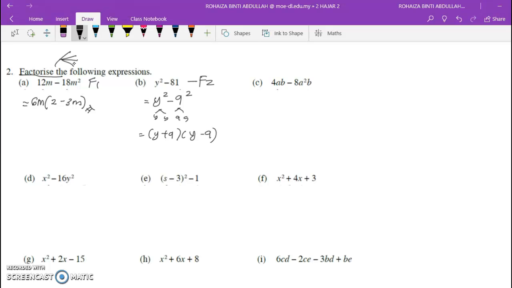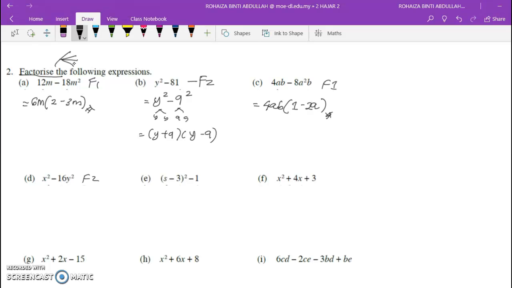Okay, question C. 4ab minus 8a square b. So the factor number 1. Okay, find the highest common factor. 4 and 8 is 4. A ada, B ada. So 4ab multiply 2a. So that's okay.